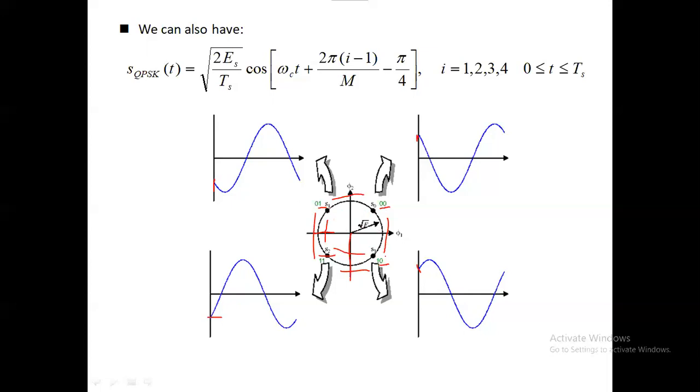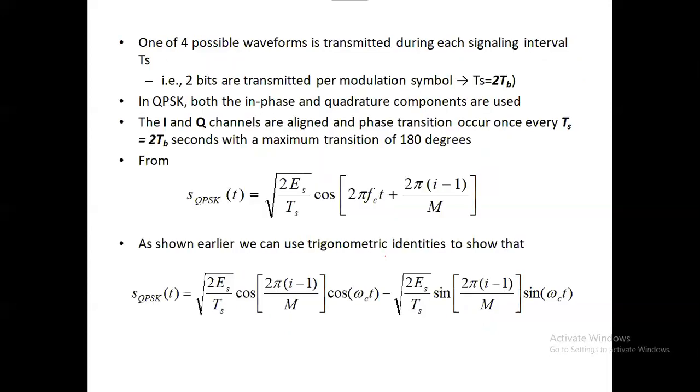So its error probability is the same as that of BPSK. Here 2 bits are transmitted per symbol, so the symbol duration is twice the bit duration. We are aligning the I and Q channels based on the phase transition that occurs every TS symbol.